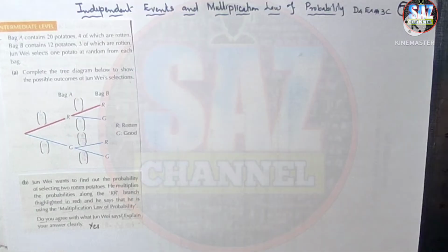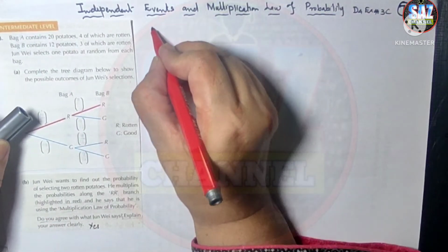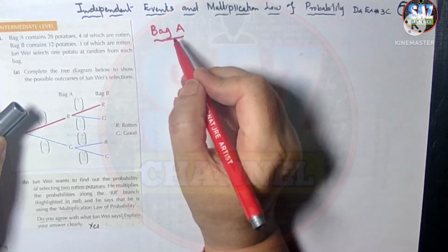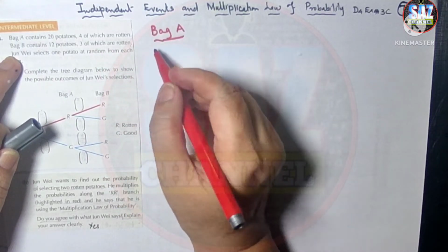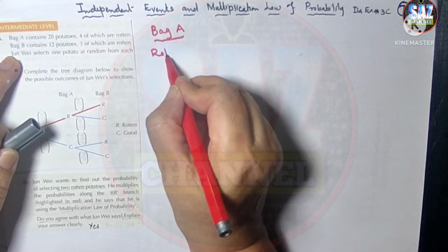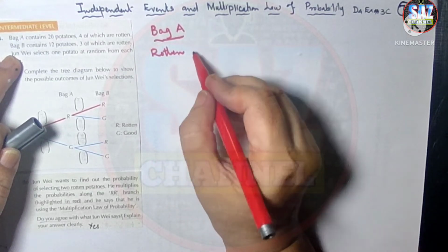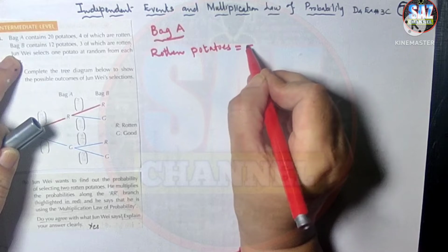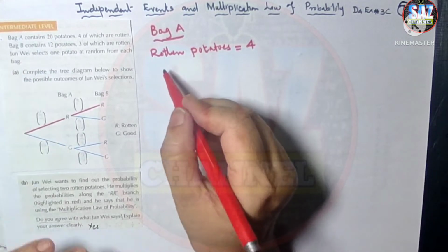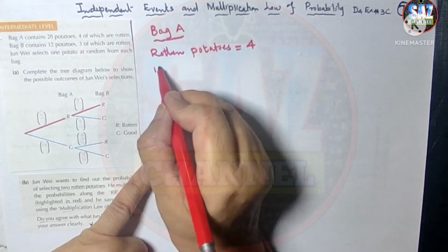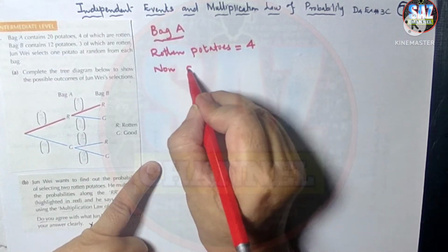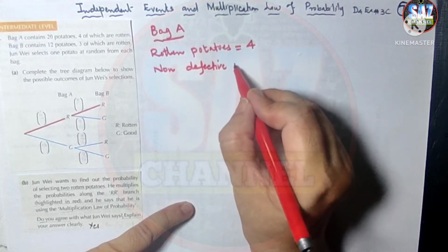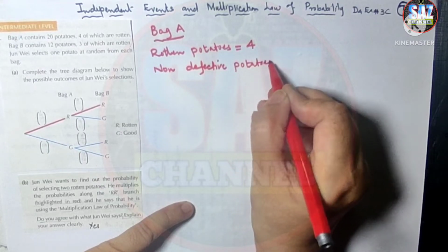There are 2 bags. Bag A has 20 potatoes, of which rotten or defective are 4, and good potatoes or non-defective potatoes from bag A, how many are there?